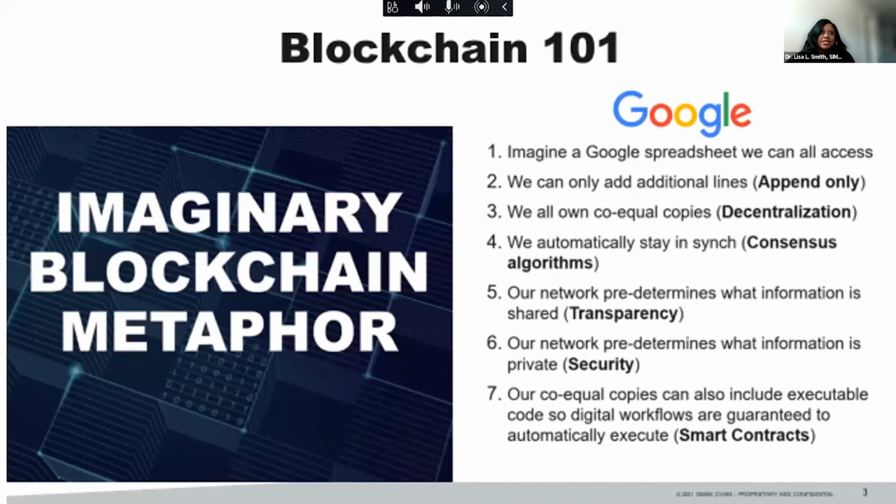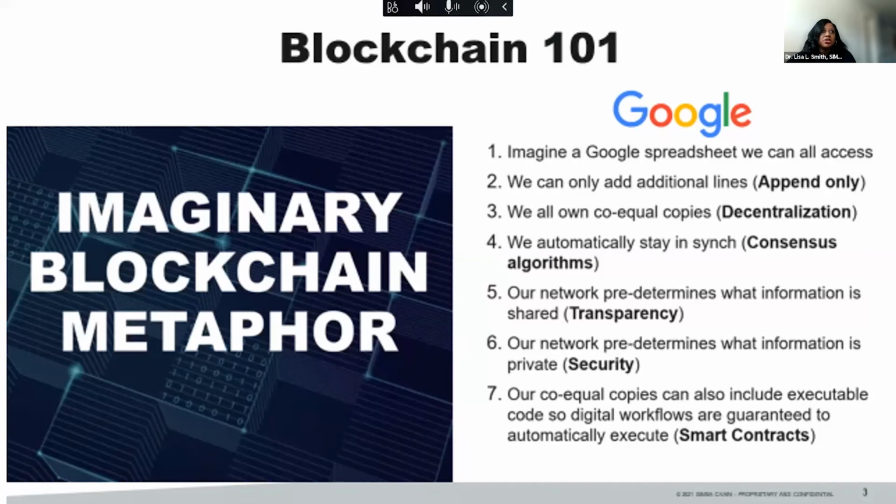To explain the basis of blockchain, we refer to a simplified Google Docs analogy, which many of you may have already seen in our previous webinars. We imagine a Google spreadsheet that we all have access to, usually within Google Docs, where we can only append or add additional lines through one application. We all own co-equal copies, which represents decentralization, and we automatically stay in sync through synchronization, which is referred to within a blockchain as consensus algorithms.